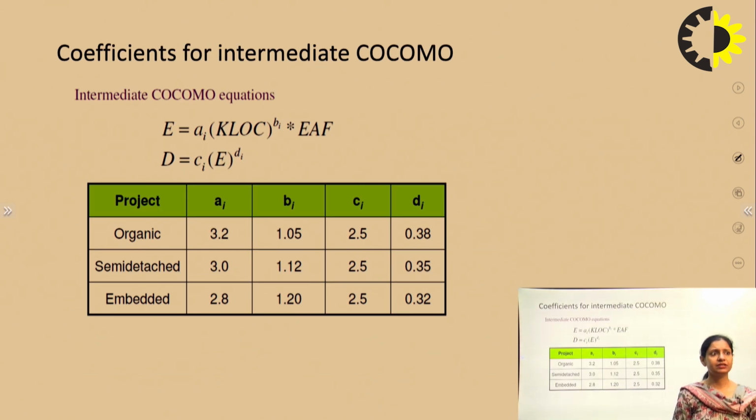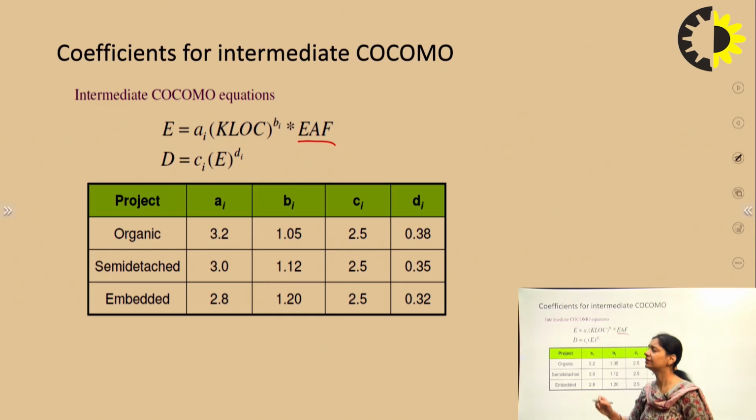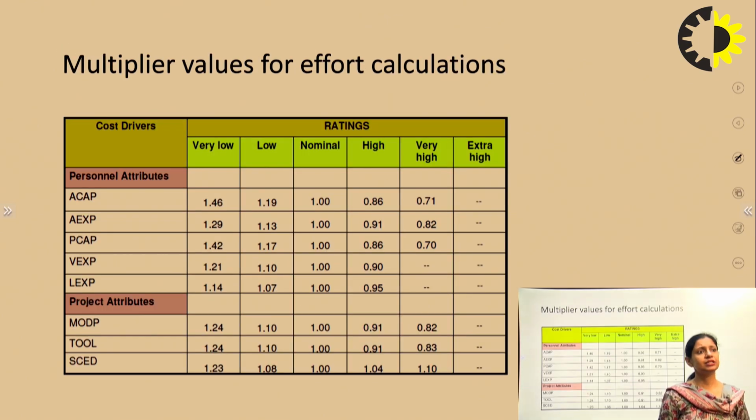Now, the coefficients, as we have just seen in the previous one as well, we have the coefficients for the organic, semi-detached and the embedded systems. Here also we have the same thing with the effort and the development time. In the effort, here we have the adjustment factor as well, because this adjustment factor comes with these cost drivers.